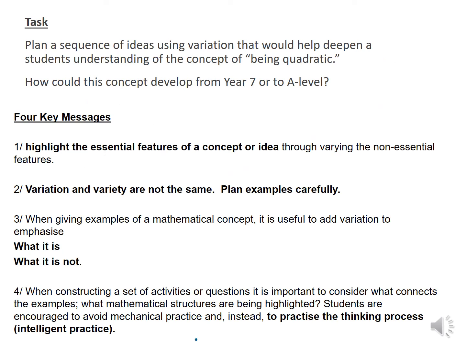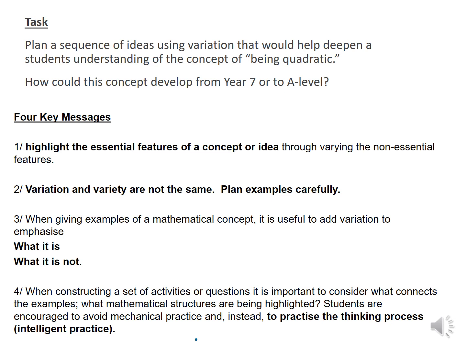So this is the only real task that I'm going to ask you to do during this CPD session, and I would ask you to perhaps pause for however long you need really to have a think about it, but it's to plan a sequence of ideas using variation that would help deepen a student's understanding of the concept of being quadratic.